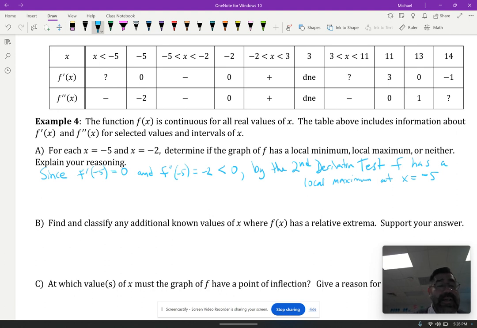Okay, can I do the same thing again? Since f prime of negative 2 equals 0, yeah, and f double prime of negative 2 equals 0, the second derivative test is inconclusive.